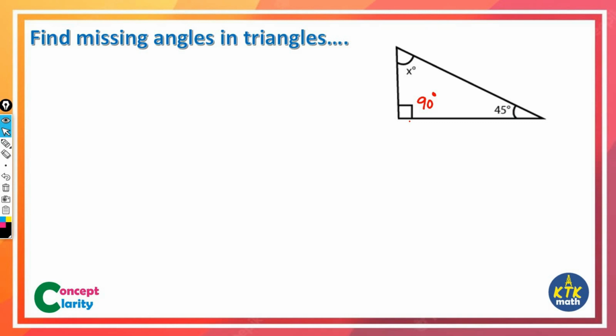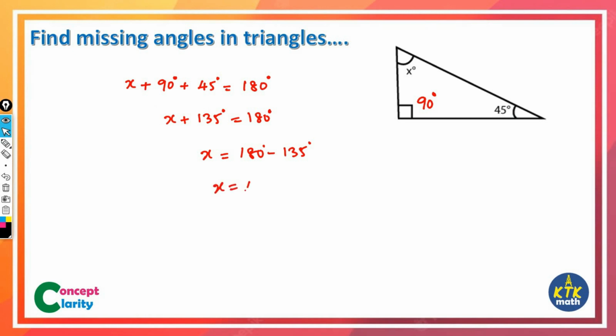Now, same as the previous one, write x plus 90 plus 45 is equal to 180. Adding them, you get 135, and simply x is equal to 180 minus 135. So your answer would be 45.